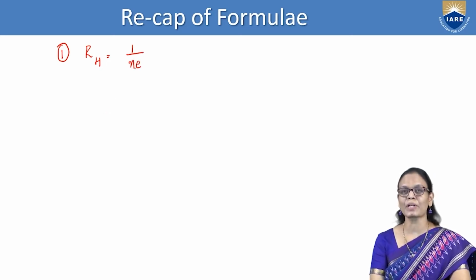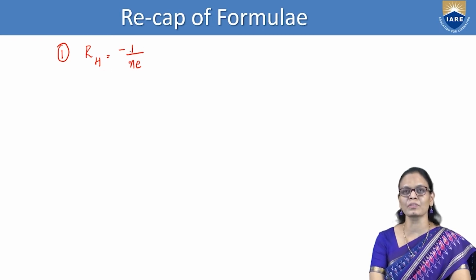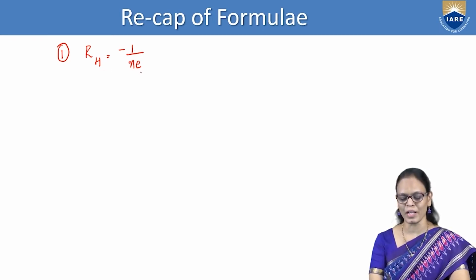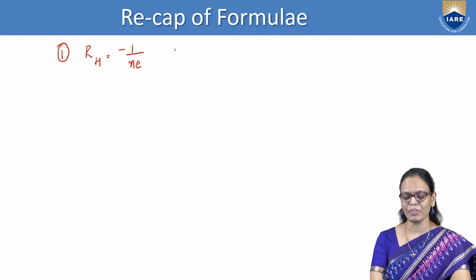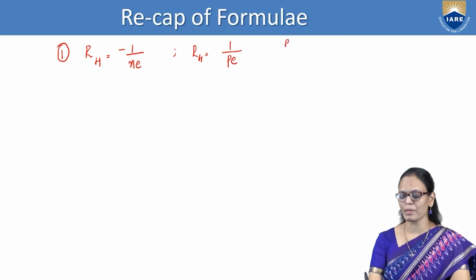If I'm talking about electrons as the charge carriers, we have RH is equal to minus 1 upon Ne. And if it is due to holes, we have RH is equal to 1 upon Pe. RH here represents the Hall coefficient.